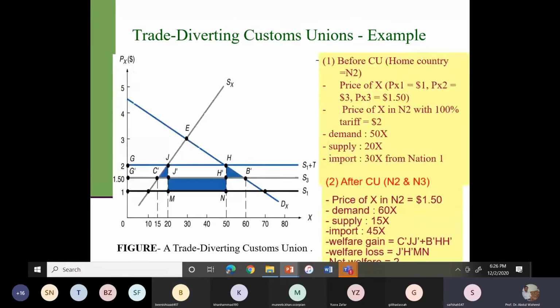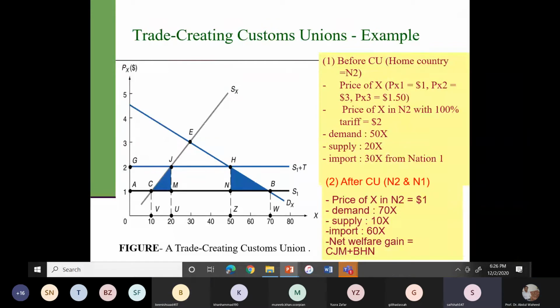Sir, is this always about a consumption oriented economy? This economy is importing. Because you are importing, you have imposed a tariff.